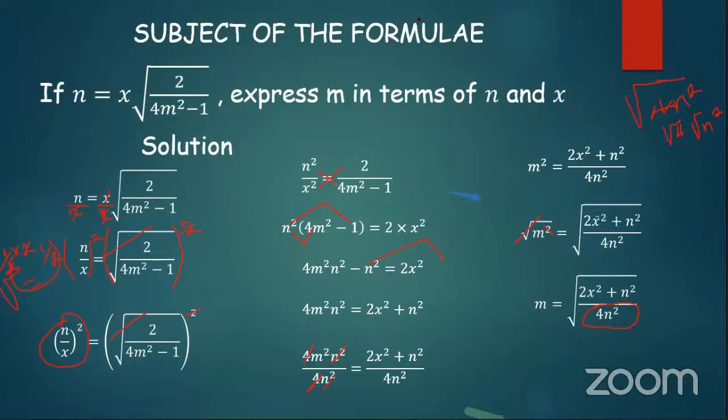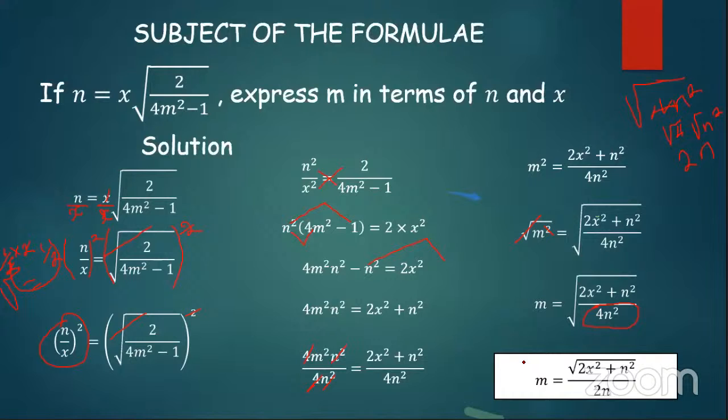Root of 4 is 2. And the root of n squared is n. Okay. So our final answer would be m equaling root of x squared plus n squared divided by 2n.